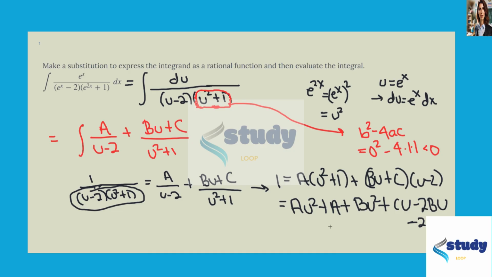And then we can go ahead and combine like terms. So let's pull out a u squared. We get a plus b. Let's pull out a u. And when we pull out a u, we have c minus 2b. And then a minus 2c.